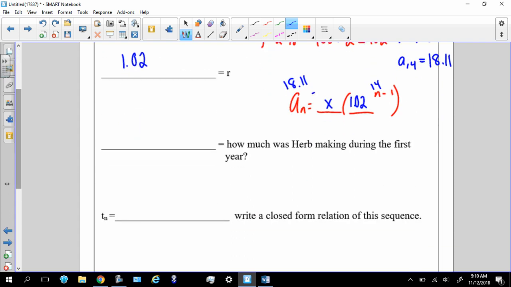Alright, so when I solve for this, it's going to be 1811 is equal to x times 1.02 to the 14 minus 1 power. So 1811 is equal to x times 1.02 raised to the power of 13. And I'm going to round this.